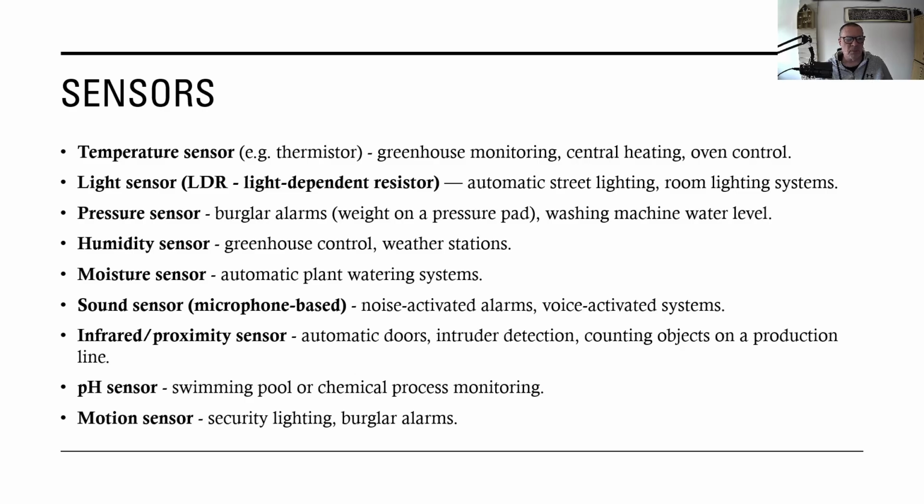Sound sensors or microphones could be used for noise activated alarms or a voice activated system. Infrared proximity sensors are used for things like automatic doors, intruder detection, counting objects, and so on. A pH sensor could be used in a swimming pool or a chemical process. Motion sensors are used for security lighting, burglar alarms, and so on.